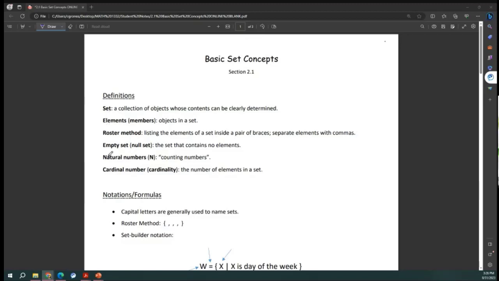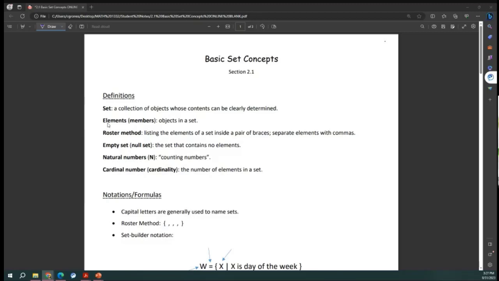We have 6 different definitions. We have the definition of a set, which is just a collection of objects whose contents can be clearly determined. Each set has elements or members. We call them elements, and those are just all of the objects that are in a set.